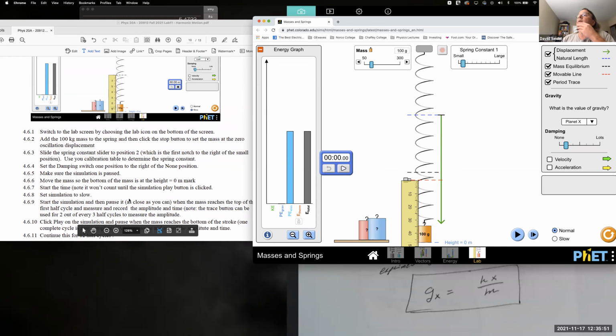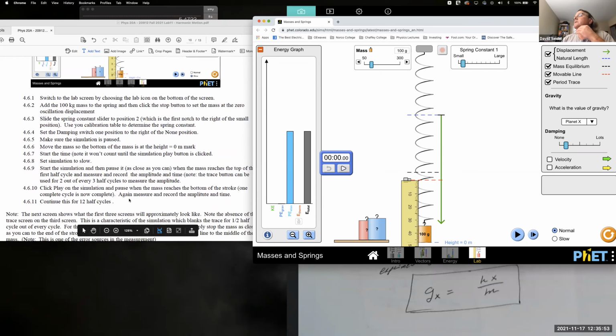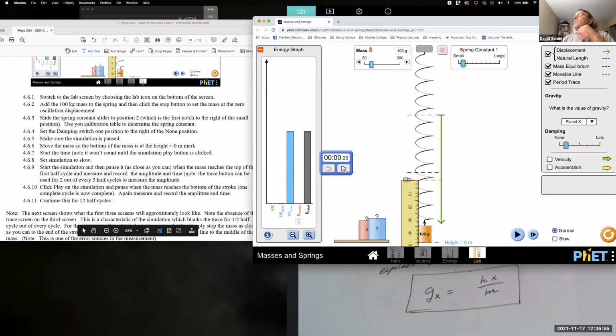Start the timer. It's not going to count until we start the simulation going. We're going to go in slow mode only. And you're going to pause it at times. So we finally got that to switch to slow.